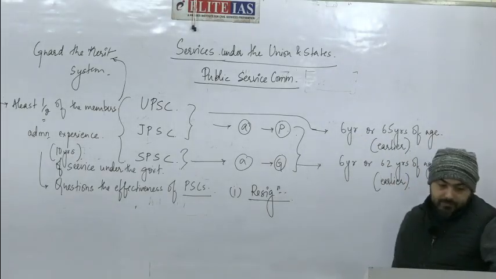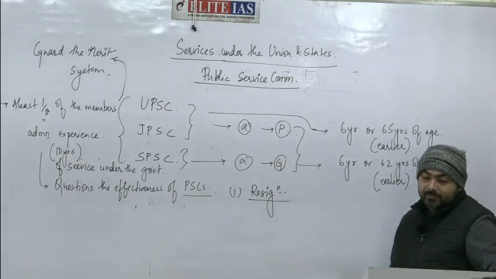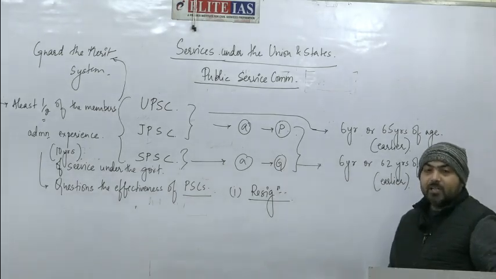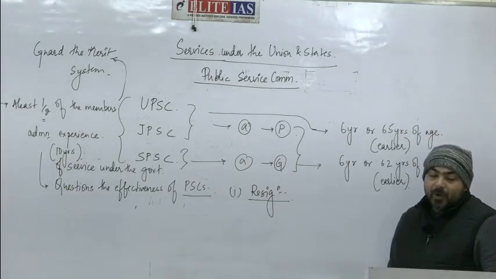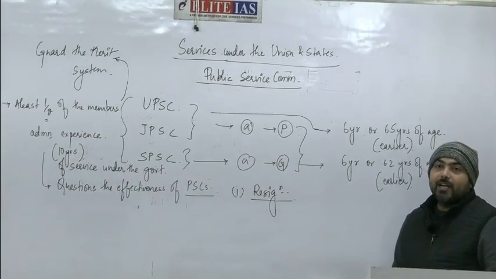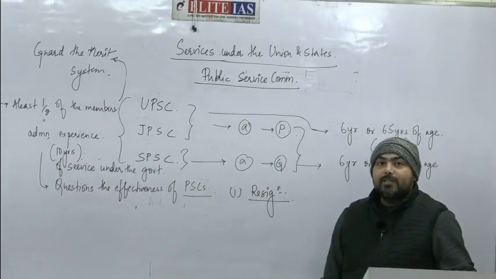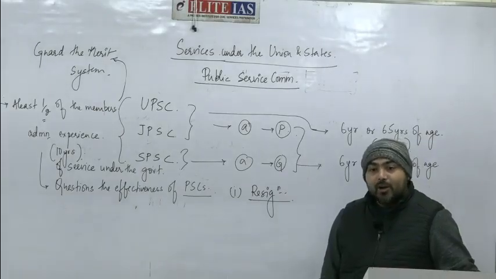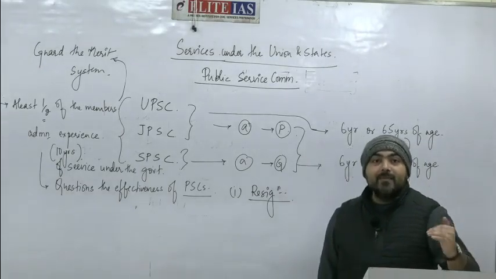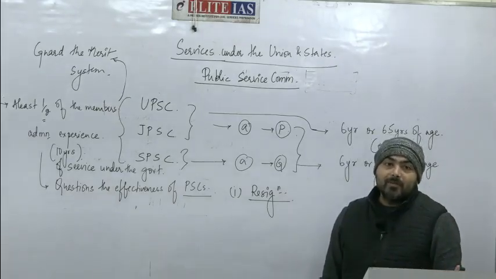Next, the expenditures of the Public Service Commission is charged upon the Consolidated Fund of India. Now, what is the meaning of charged expenditure? It cannot be voted upon. It can be debated, discussed, but it cannot be voted upon by the Parliament.